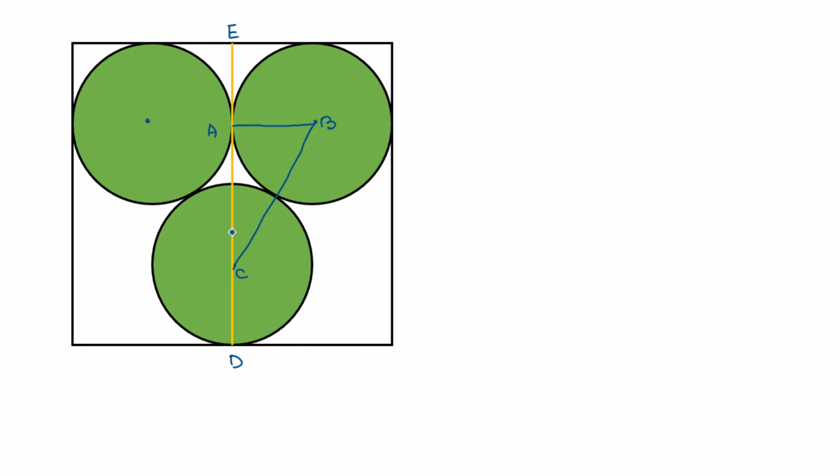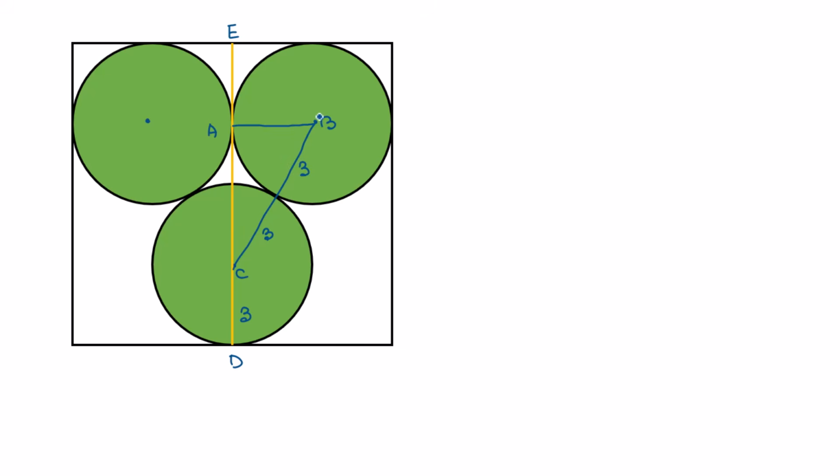Now, as the radius of every circle is 3 units, this C to D length is 3 units, and this C to this point is 3 units, and this point to B is also 3 units.